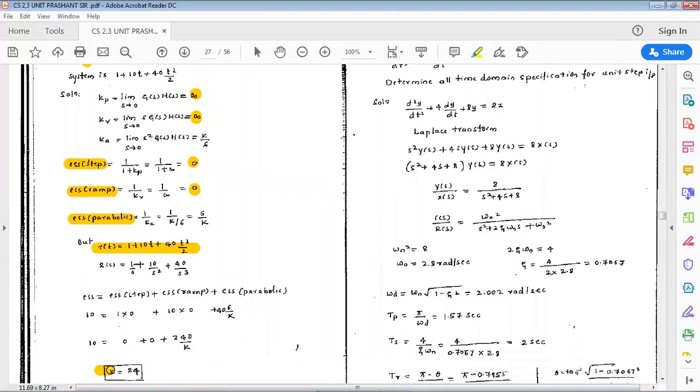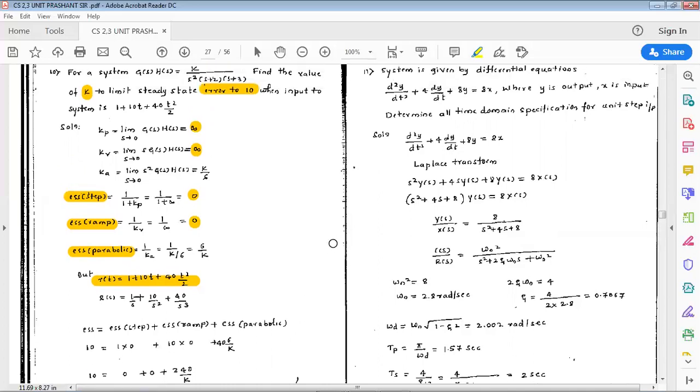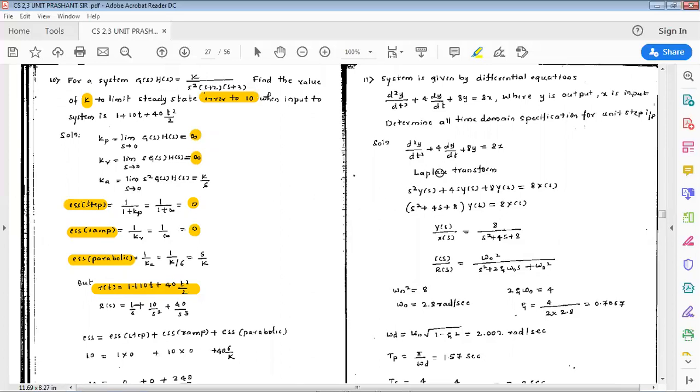So that results in 24. Means for the given input, 1 plus 10t plus 40t square by 2, if you want to limit a steady state error to 10, K must have the value 24. This is the solution. Okay, move on to the next numerical.